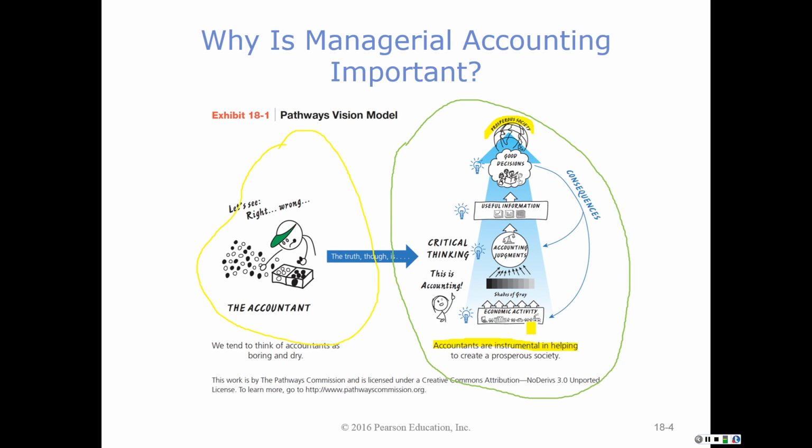And in managerial accounting, sometimes unlike financial accounting that you have just finished, there are shades of gray. Everything is not black and white as the bean counter on the left. We do have shades of gray, and accountants have to be professional, competent, and ethical enough to be able to analyze these shades of gray, use the data that we have coming into our organization, and through our processes, we use our judgment.